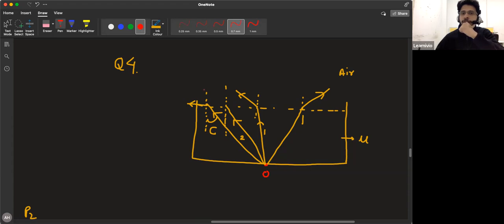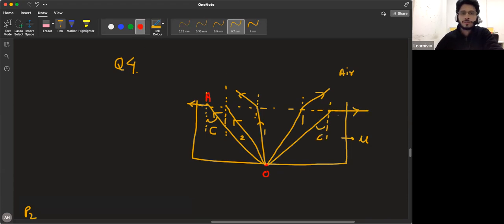So the ray will come out of the beaker from this point A. Similarly, on the right hand side, you must have a point where the angle of incidence is equal to the critical angle, so the ray is again grazing here.